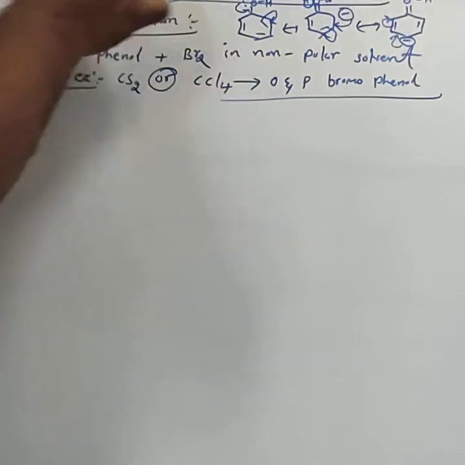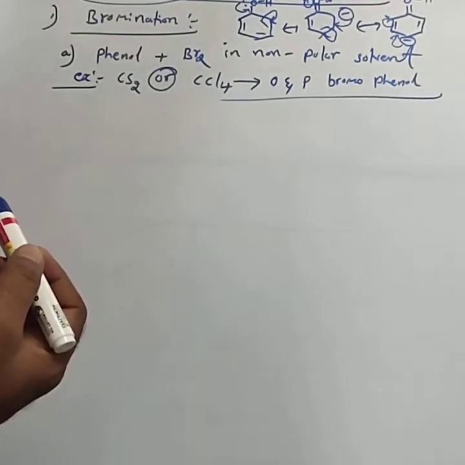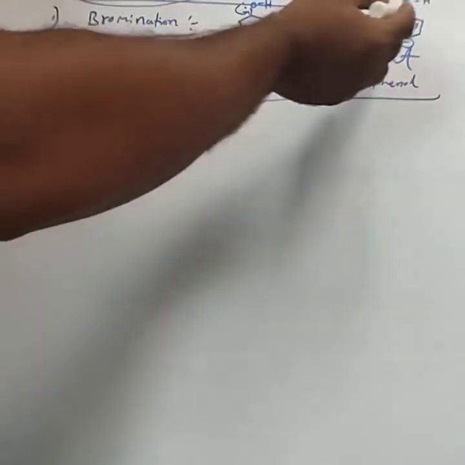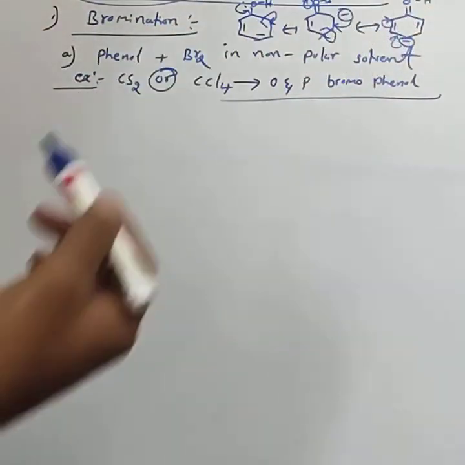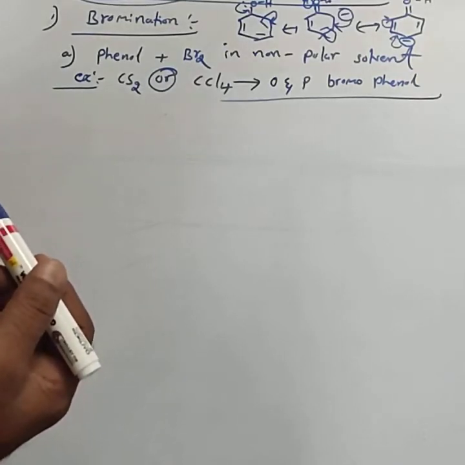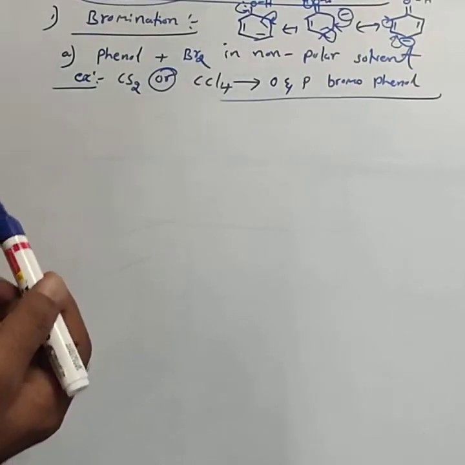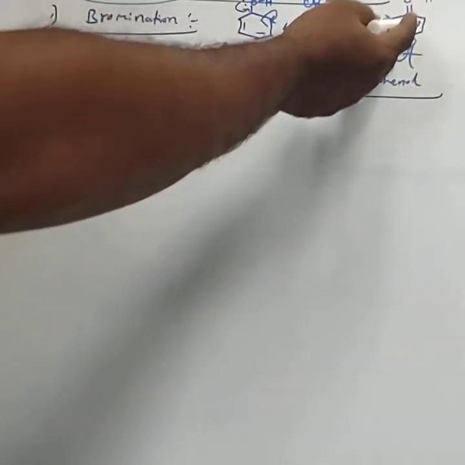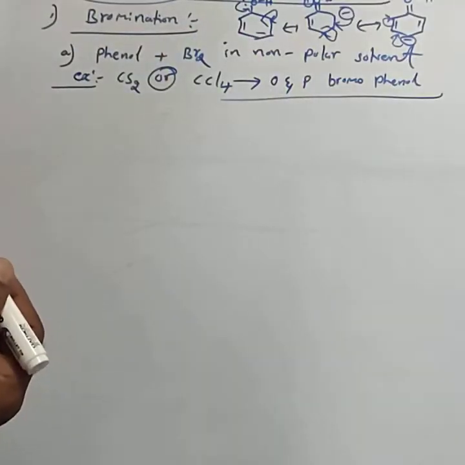Electrophilic substitution means the electrophile carries the positive charge. That positively charged particle is attracted towards the negative centers, only at the ortho and para positions. Hence, the OH group in phenol is ortho and para orienting.